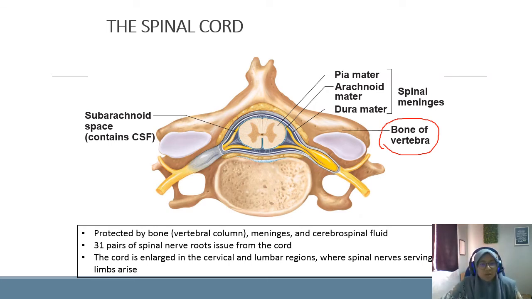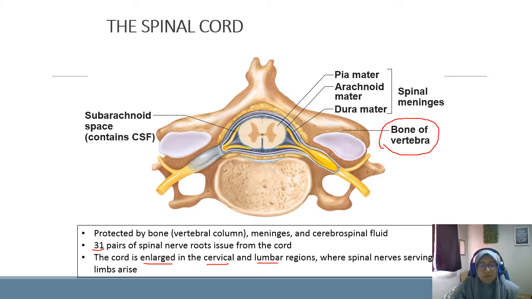It has 31 pairs of spinal nerve roots issuing from the cord. So the cord is enlarged, dia membesar, dia besar sedikit at the cervical and lumbar regions where spinal nerves serving the limbs arrive. So the cervical regions serve the upper limbs, dia serve tangan.